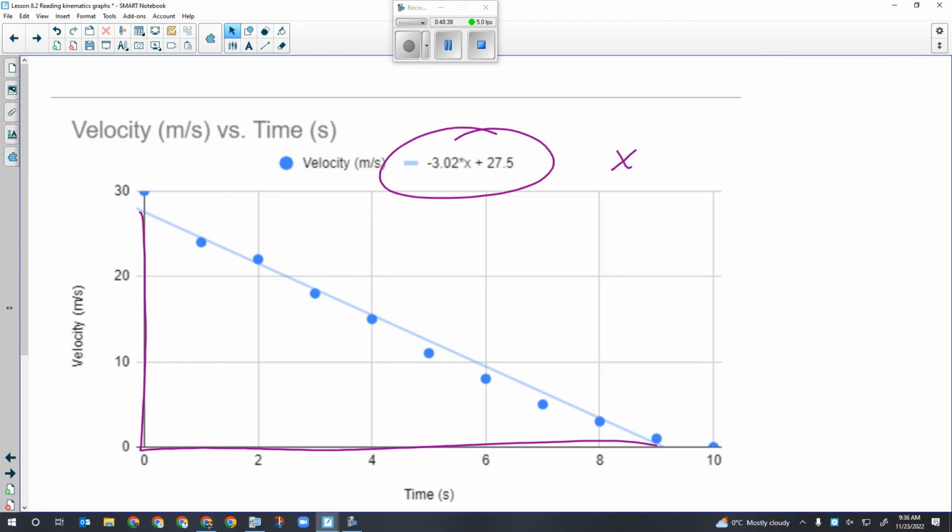Solving for x, so x will be 0 minus 27.5, divided by negative 3.02.